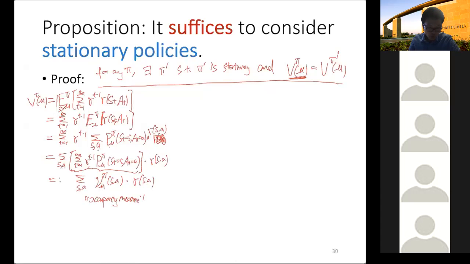So what we've really just shown is that this V^pi(mu) is a linear function of this occupancy measure and the fixed reward function.